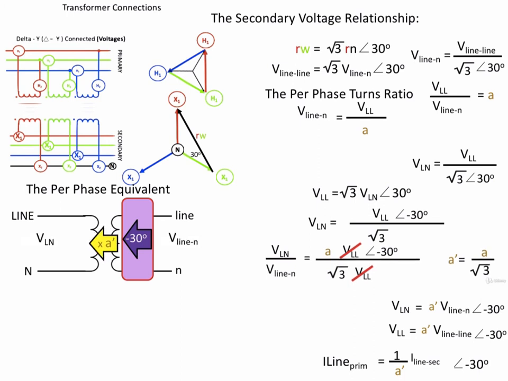Before going any further, I'd just like to point out that it stands to reason that there will be the same phase shift for the current as the voltage when going from the primary to the secondary. However, there will be a change in value of the current.